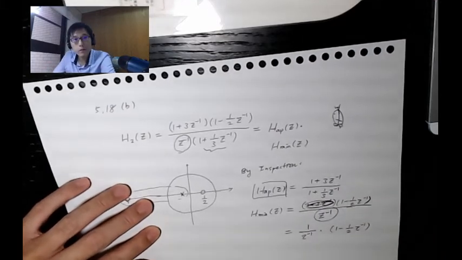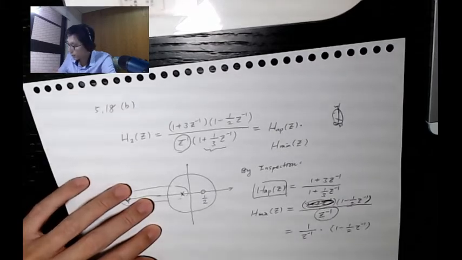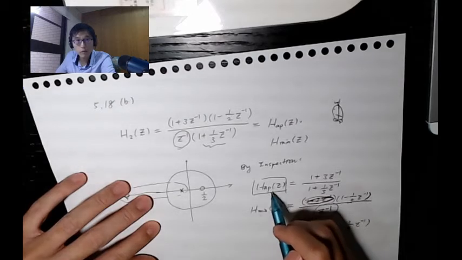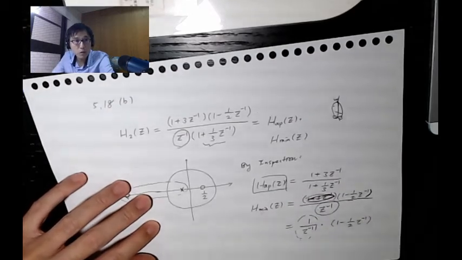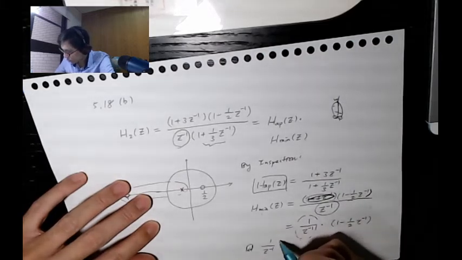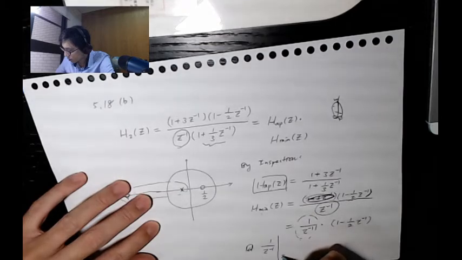But first thing, I think you also notice that this factor, whether it belongs to the minimum phase part or the all-pass part, does not affect the magnitude, right? Because z inverse, when z is e to the j omega, that's a frequency response.